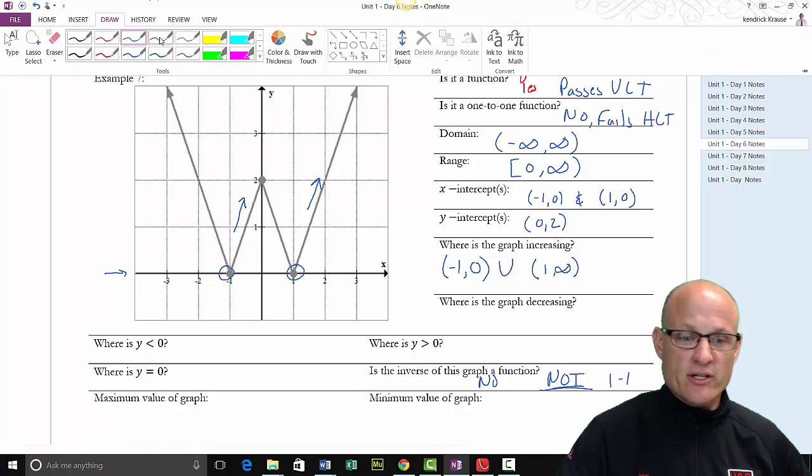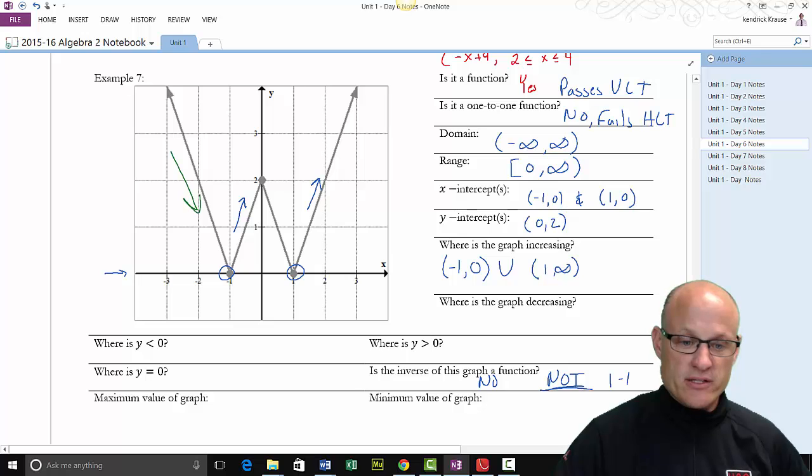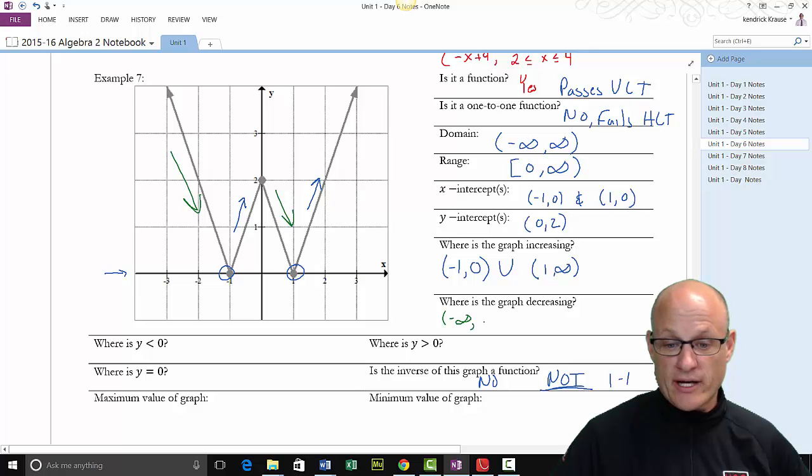It is decreasing in this area, decreasing here and decreasing here, and that would be from negative infinity up to negative 1, but not including negative 1. That's a turnaround point. It's called a turning point. Union 0 to 1. Remember, we're using x values, so from negative infinity up to negative 1, it's decreasing, and from 0 to 1, it's decreasing.